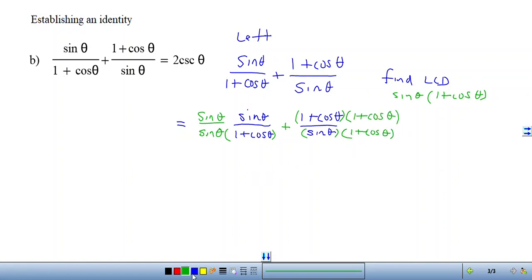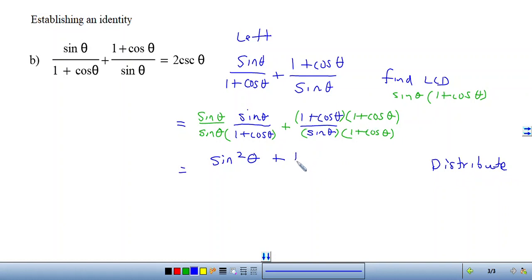Okay, so now what we want to do is, since the denominator is the same, you can go ahead and multiply these two right here. So you just have sine squared theta. And then this one right here, just distribute. So we're just going to distribute then as the next step. Okay, so multiply this.